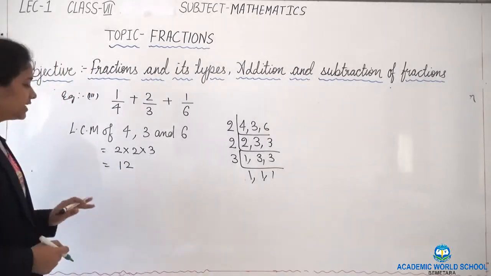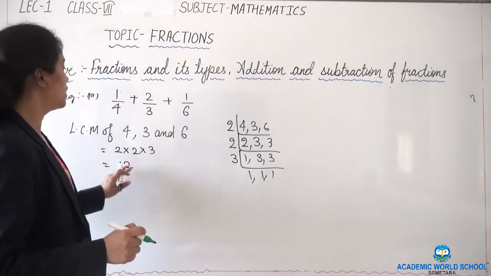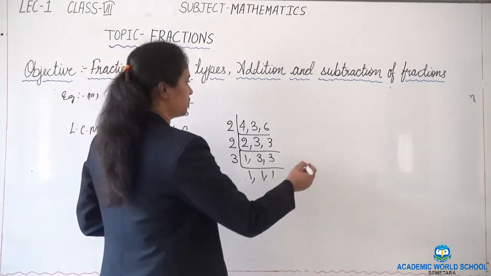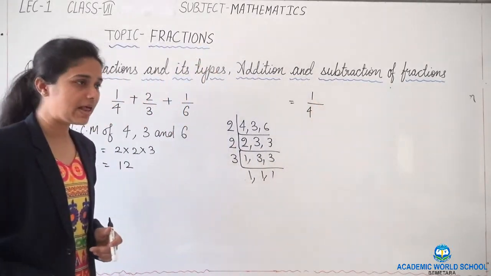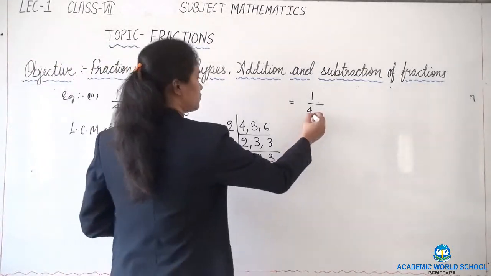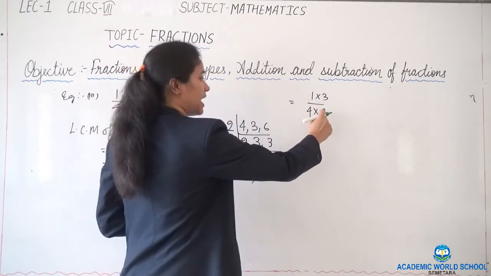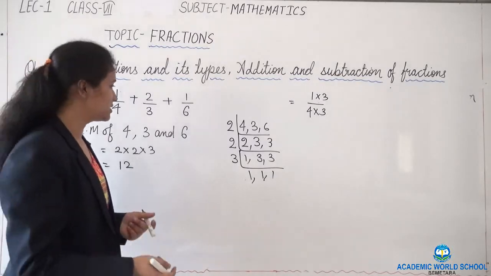Now, after getting the LCM 12, what is the next step we are supposed to do? We have to make all the denominators 12. So, 1 by 4. What are we going to multiply with 4 to get the denominator 12? 3. 4 into 3, 1 into 3. Whatever we multiply in the denominator, the same thing we multiply in the numerator.